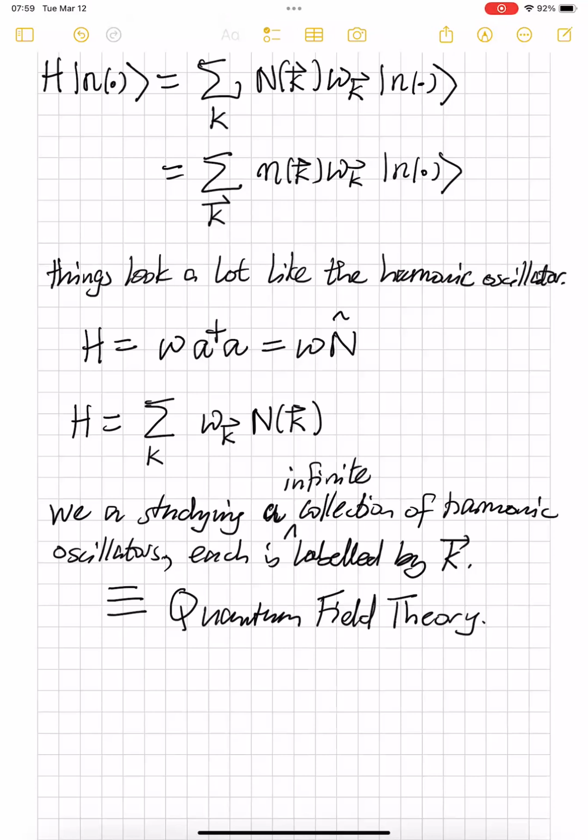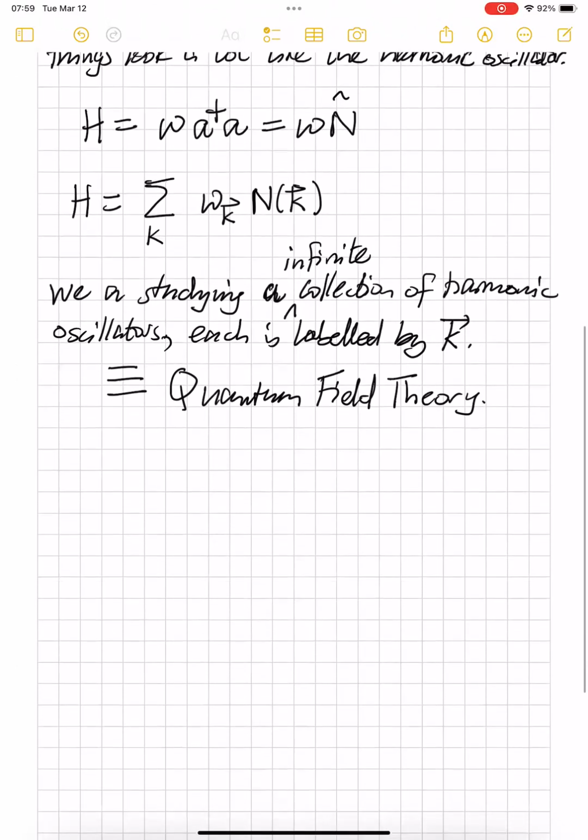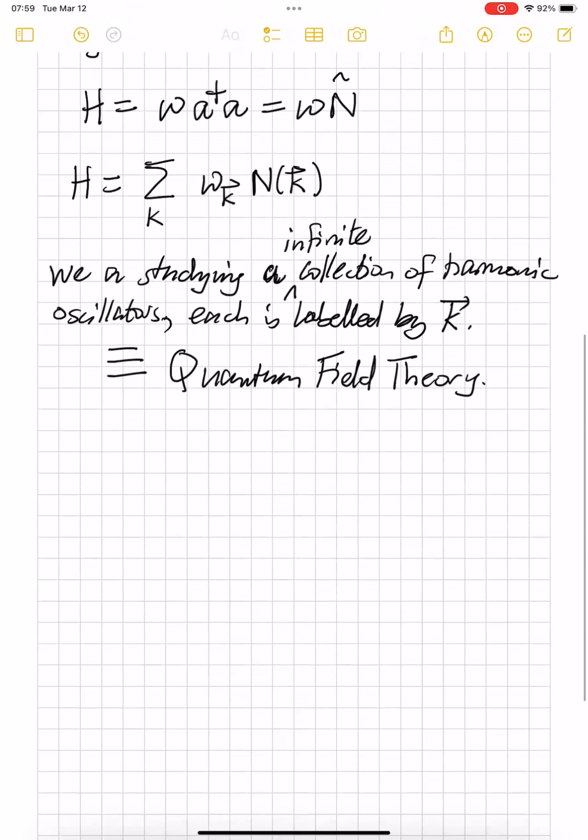But the idea that you should have in your head is that quantum field theory is the theory that results from studying an infinite collection of harmonic oscillators. If it's a free quantum field theory, then the oscillators are not coupled to each other. But when you introduce interactions into the quantum field theory, these different oscillators do interact with each other. And we'll see both examples as the course proceeds.